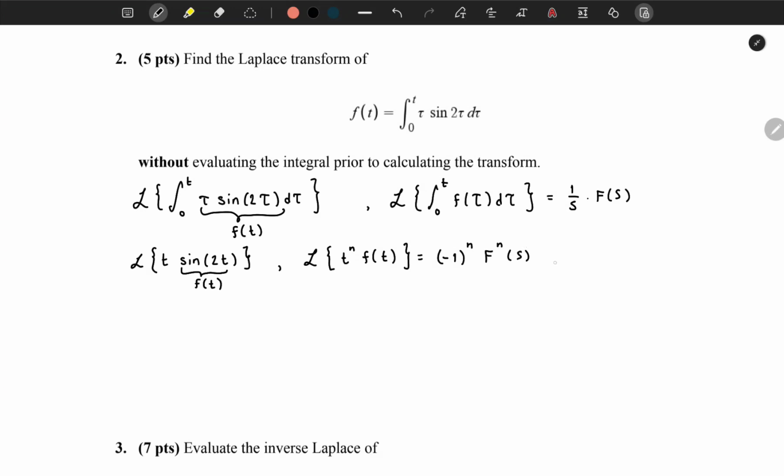Now, since we know that n is equal to 1, we would have to then differentiate our capital F of s that we find from f of t of sine 2t.